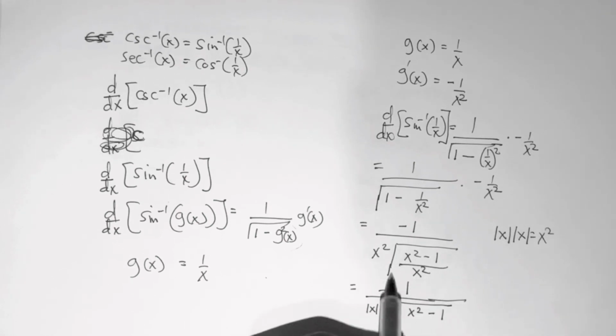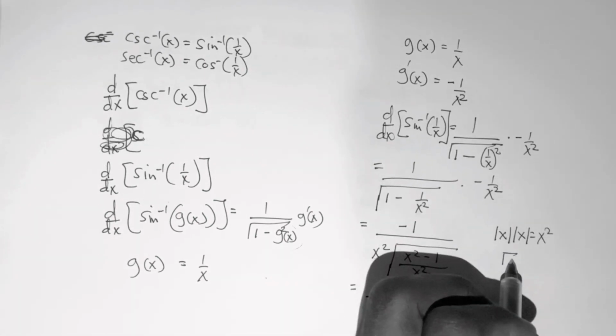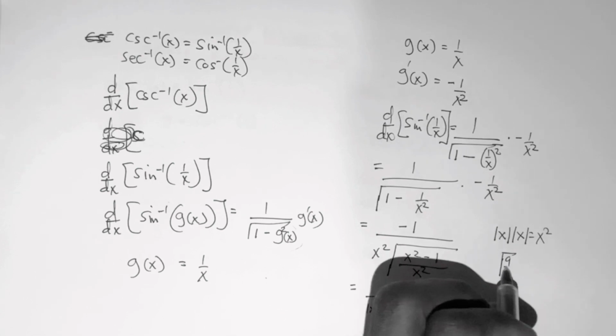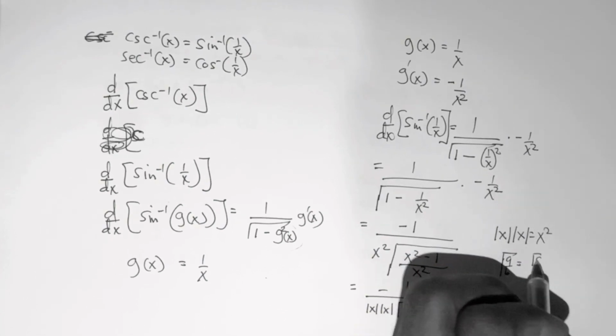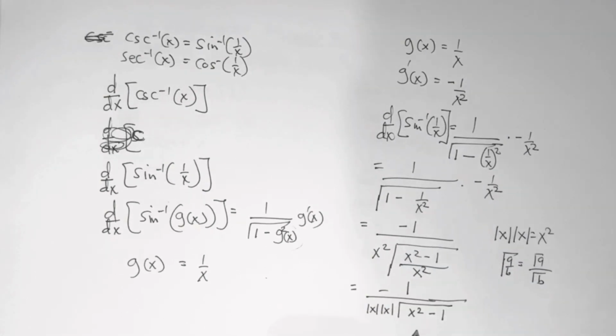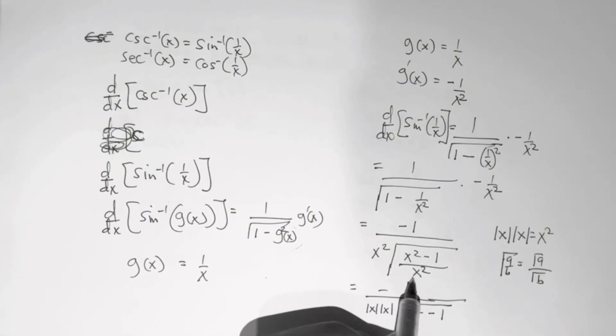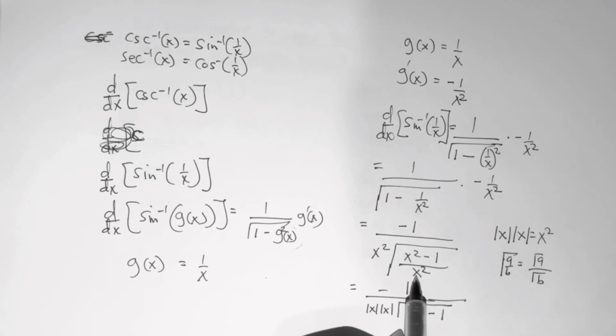Now if you find square root, remember that square root of a over b is equal to square root of a divided by square root of b, and therefore square root of x squared, remember that if you find square root of a number, you cannot get a negative number, else you are running into the imaginary numbers. So this will also throw out absolute value of x. So this will be divided by absolute value of x, because x cannot be negative.